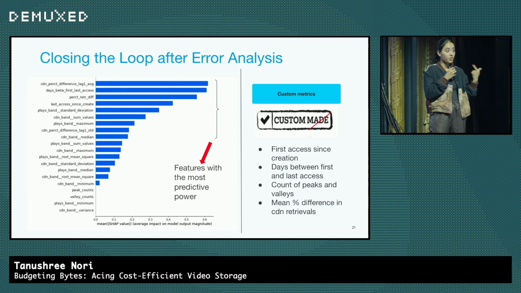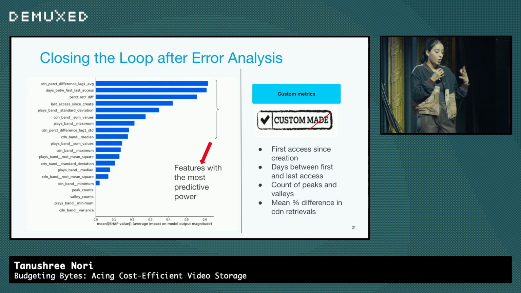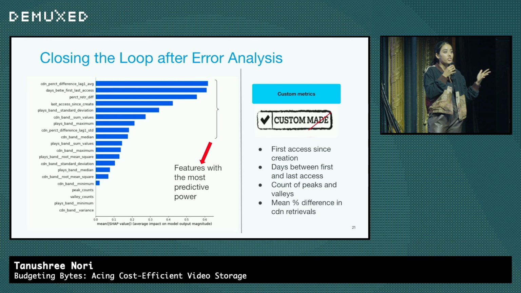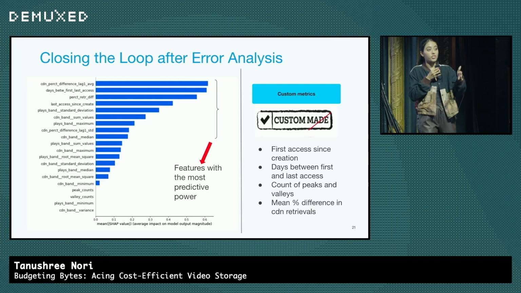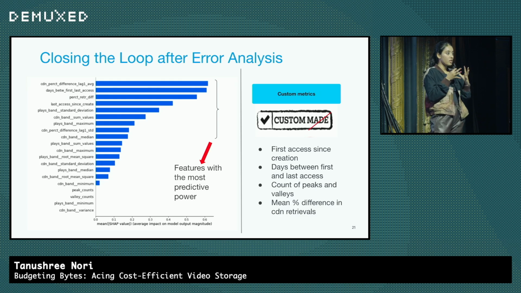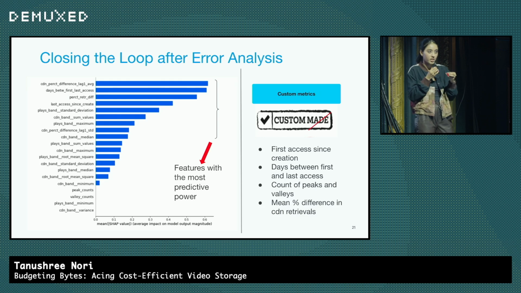A lot of these features were created in response to the error analysis process, where we dug into the videos we misclassified, tried to see what they had in common, and created a couple of custom features, like when was the first access, how soon after creation the first access occurs, the average number of days that pass between the first and the last access, and counts of peaks and valleys across different features. We noticed that the features which captured early activity indicators, or different ways of summarizing frequency of access and periodicity, tended to be the most useful.